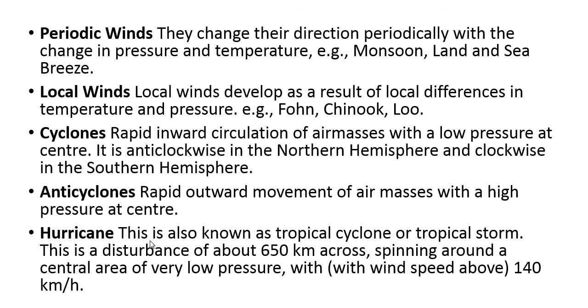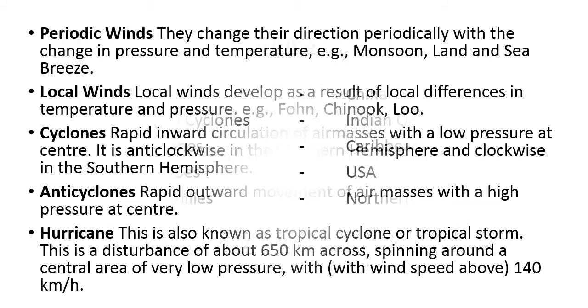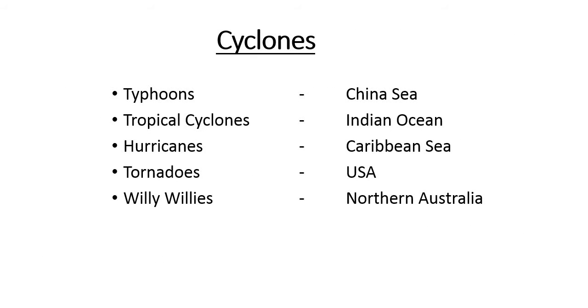Next one is hurricane. This is also known as the tropical cyclone or tropical storm. This is a disturbance of about 650 km across, spinning around a central area of very low pressure with 140 km per hour. Now these are the names of the cyclones.